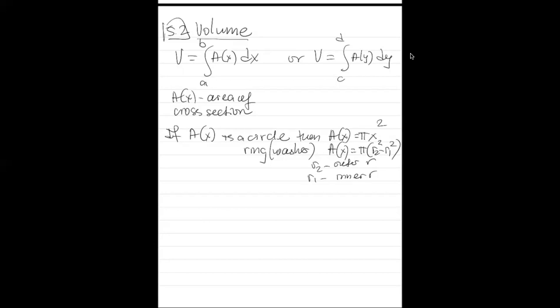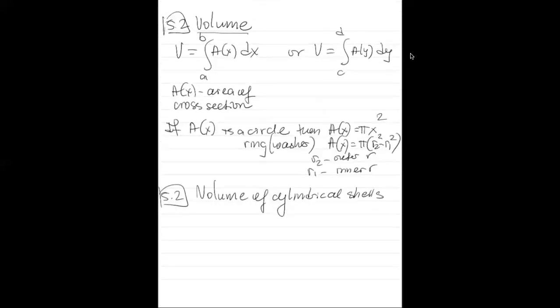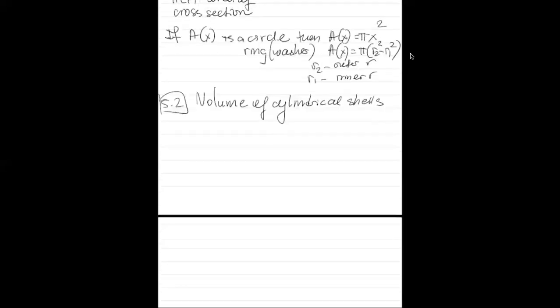Now sometimes we use a different method called volume of cylindrical shells, the method of cylindrical shells. And usually we use this where your solid has a hole inside. So we approximate this solid with nested cylindrical shells.